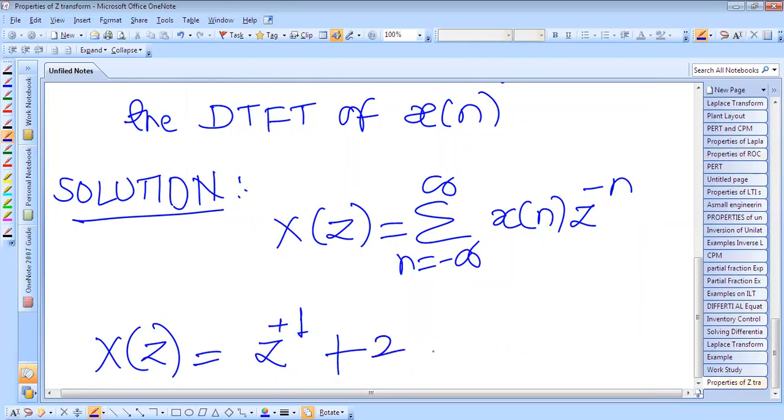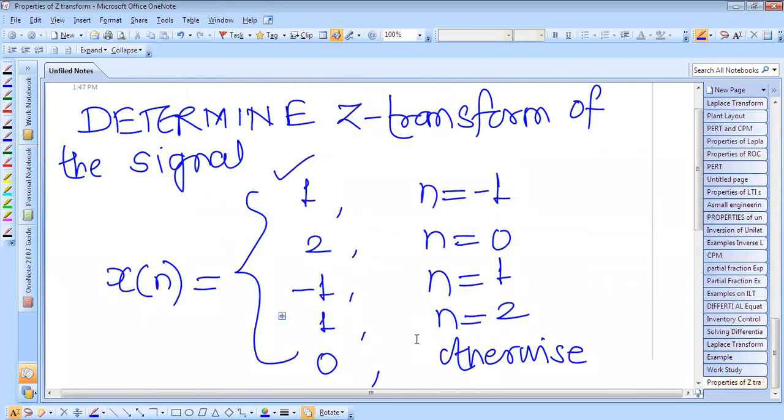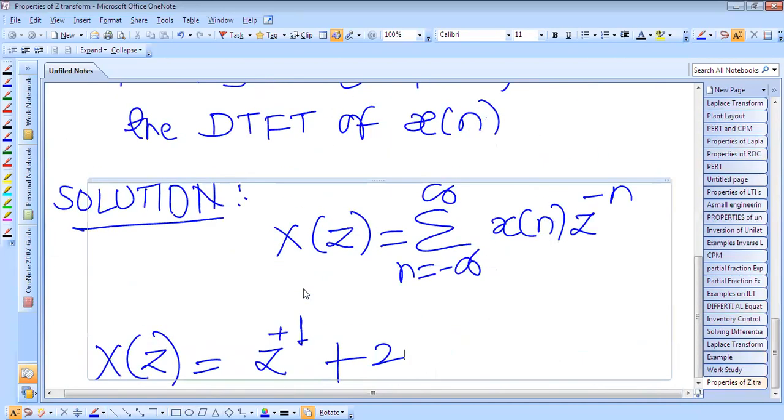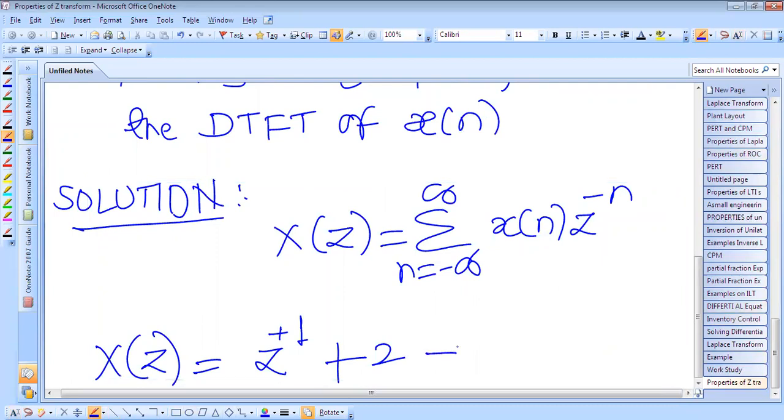Now we have to substitute the next value, n is equal to 1. So x of 1 is -1. So we have to put n is equal to 1, x of n is -1, so minus 1 into z raised to power -1.